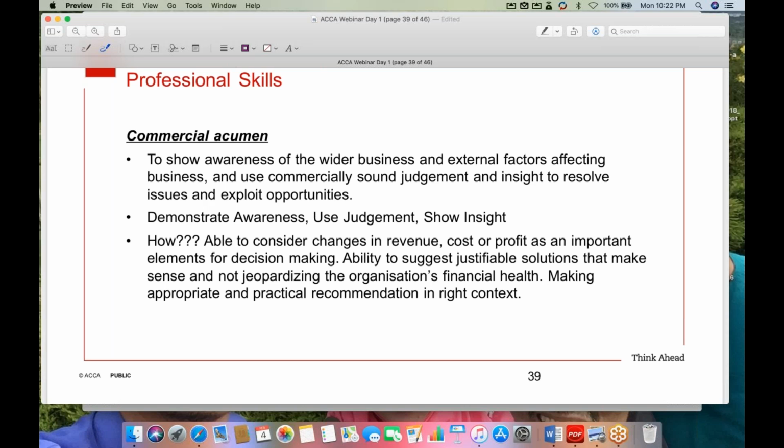For example, when we are talking about political issues affecting a business, you need to demonstrate to what extent you know the impact of those political issues on the business, by looking at perhaps some impact or changes in the company's revenue, or maybe some impact on decision making. And if you have some solutions, you need to be able to justify them, and that solution must be one that makes sense.